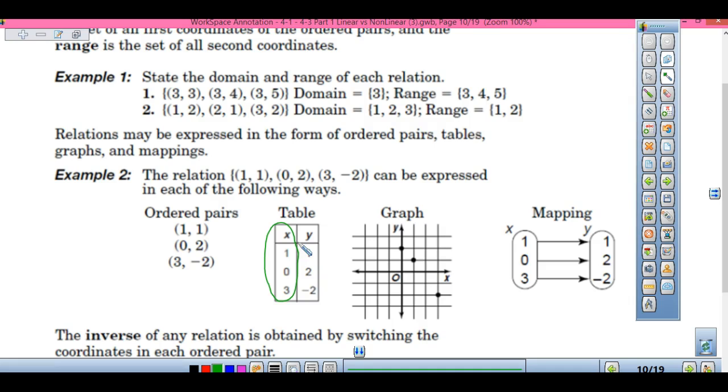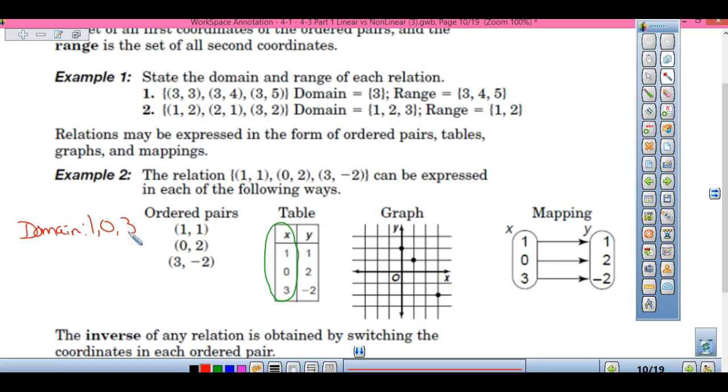Now, domain and range. Domain is our inputs. Range is our outputs. So in this case, what numbers are in our domain? What's our input? 1, 0, 3.